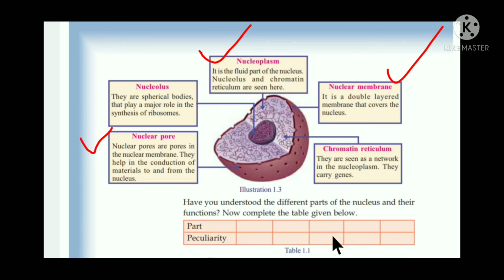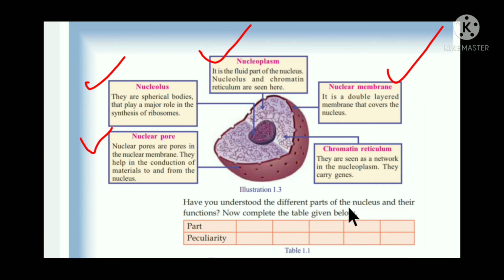The fluid part of the nucleus contains the nucleolus and chromatin reticulum. Next, the fourth part: the nucleolus, the central spherical body of the nucleus. Nucleolus bodies are spherical and play a major role in the synthesis of ribosomes.